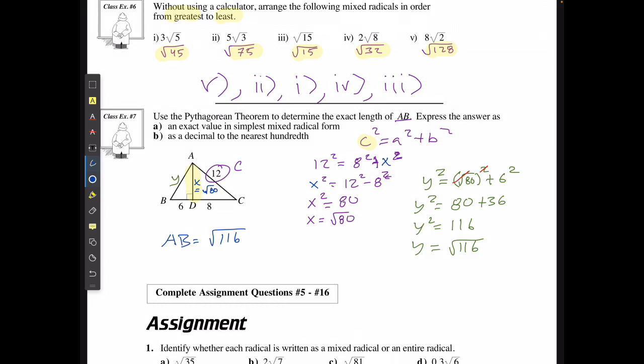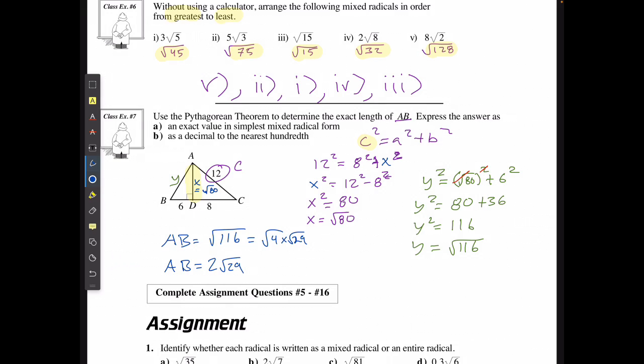And then I'm just going to be simplifying that 116. The only perfect square I can divide out of here is going to be 4. And I'm left with 29. Which means that AB is going to be the same as 2 root 29.